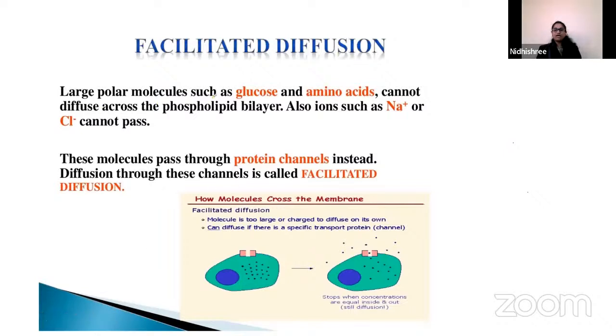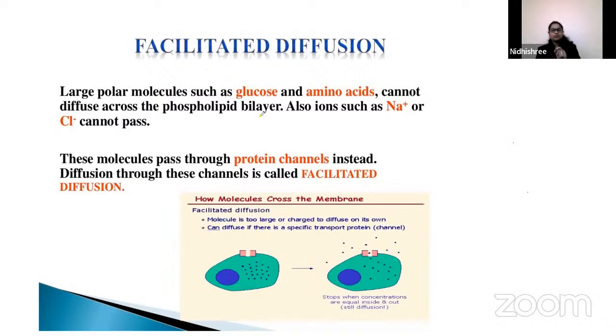Here, large polar molecules such as glucose and amino acids cannot diffuse across the phospholipid bilayer. Phospholipid bilayer means this one, the plasma membrane. Also, ions such as Na plus or Cl minus cannot pass through this plasma membrane. So what happens then? These molecules pass through protein channels.